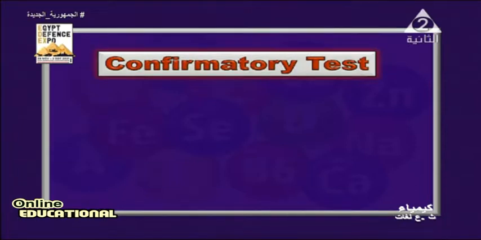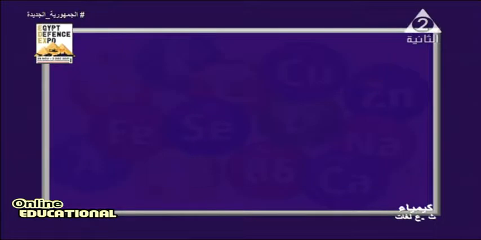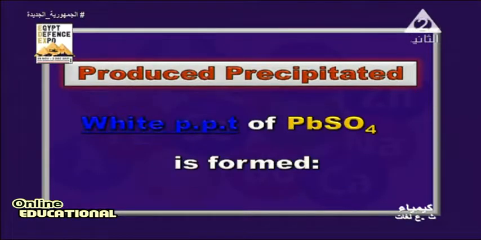The confirmatory test: the salt solution plus lead acetate solution. Here the precipitate formed is white precipitate. Here is the salt solution of the sulfate, and here we add the lead acetate. It gives white precipitate, as shown on the screen.